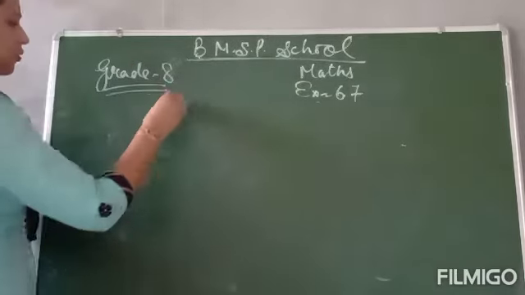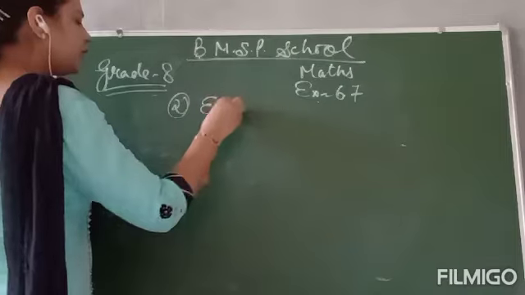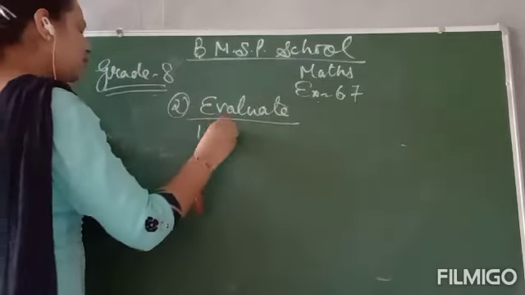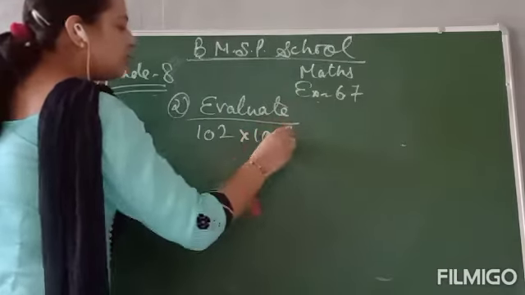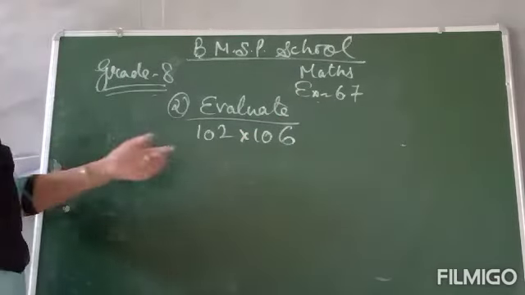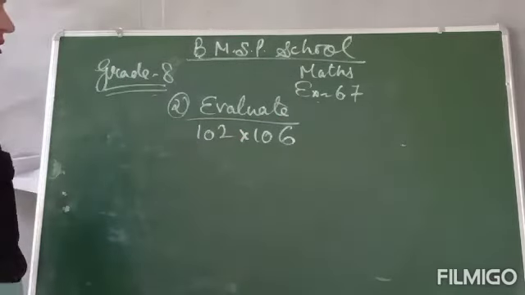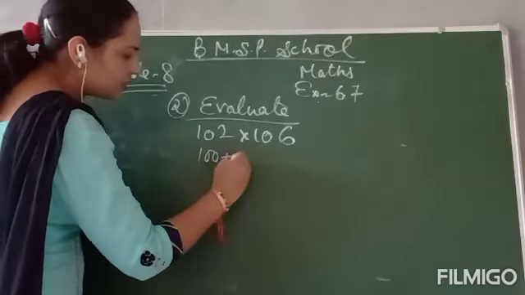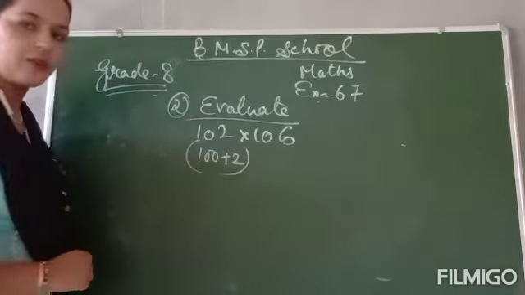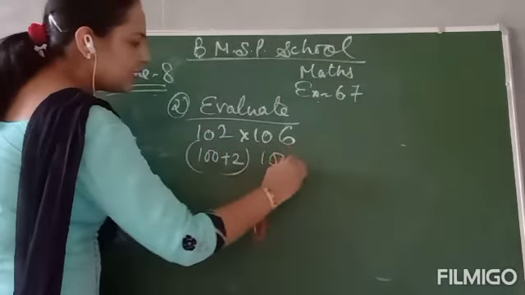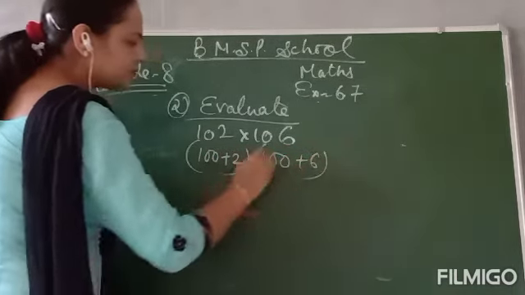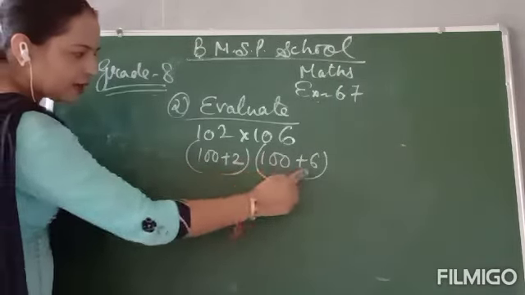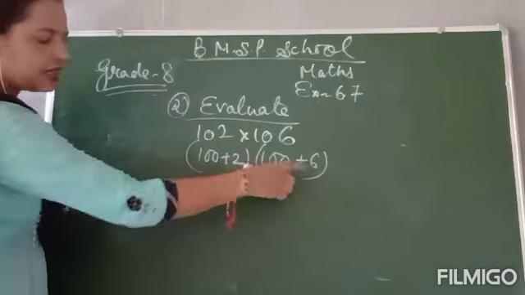Now the second question. Evaluate. By this formula we have to evaluate 102 into 106. How do we apply the formula? Firstly break it. 102 means 100 plus 2. I can write it as (100 plus 2)(100 plus 6). Look at this one, x, a, b. The first term is the same, the second is not the same.